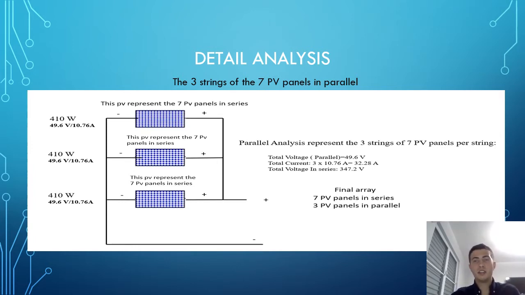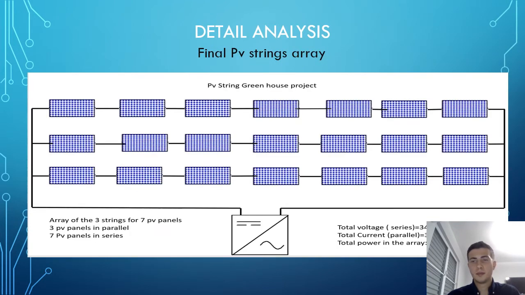The total voltage in series is the 347 voltage, and the final array, that is the 7 panels in series and 3 PV panels in parallel. We have the final string with the 3 strings and 7 panels in series and 3 panels in parallel.